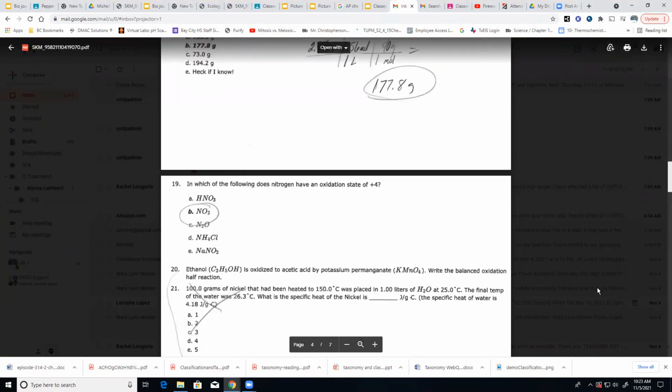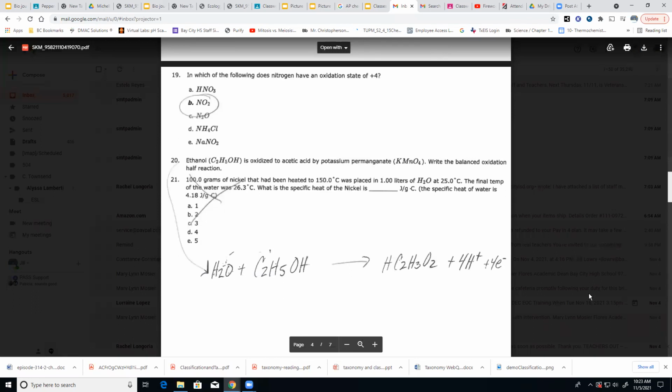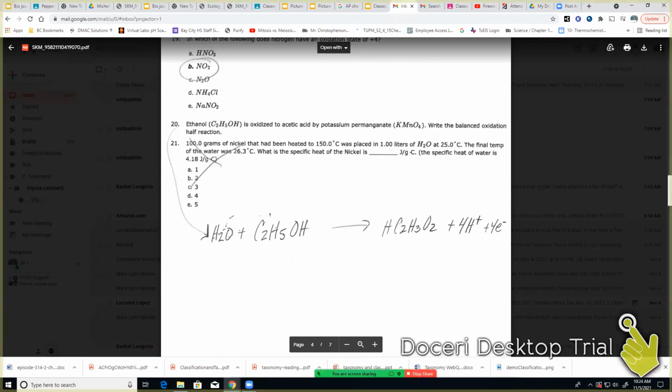All right, then I have 21 scratched off because I took that off. That's a thermochem problem from my old test. I don't know that anybody got 20 wrong, and I know that there was a lot of struggle, but really it told you what was going on. Maybe somebody got it right and I just may not remember.